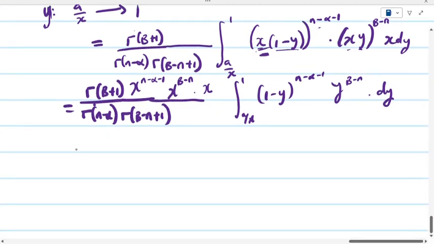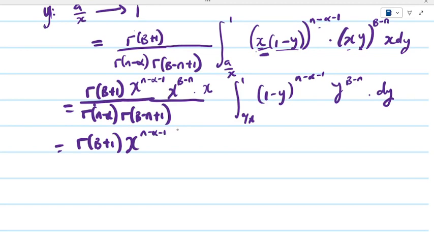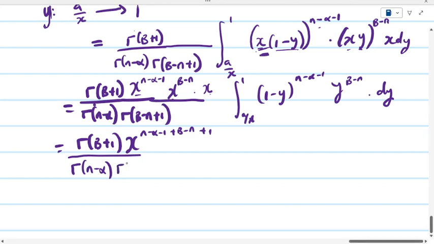Okay, so here we can have gamma(b plus 1), x to the power n minus alpha minus 1 plus b minus n plus 1. According to the law of indices, since they are of the same base, we add up their powers, over gamma(n minus alpha) gamma(b minus n plus 1).